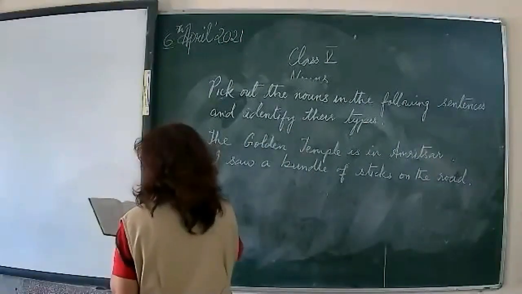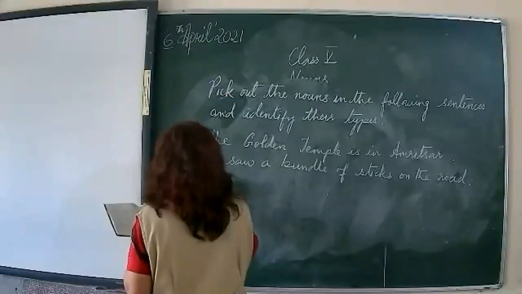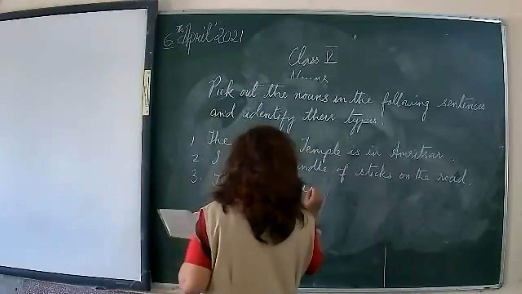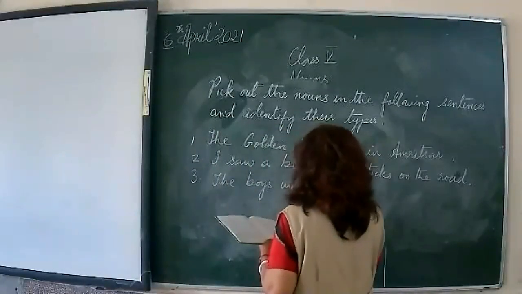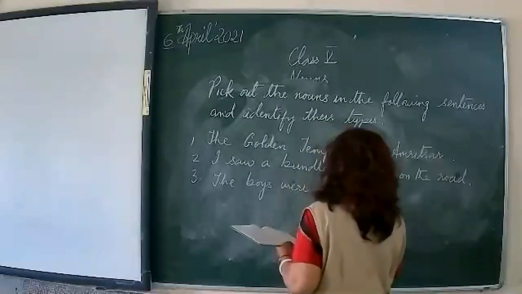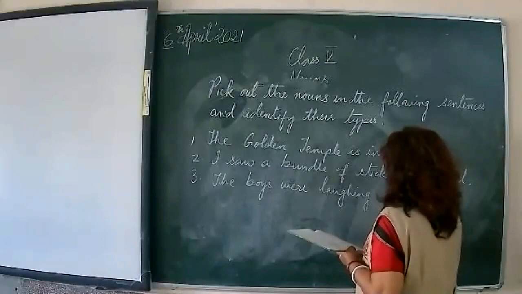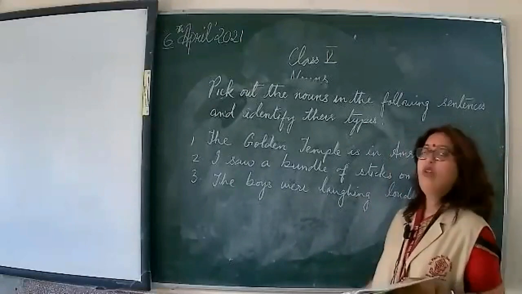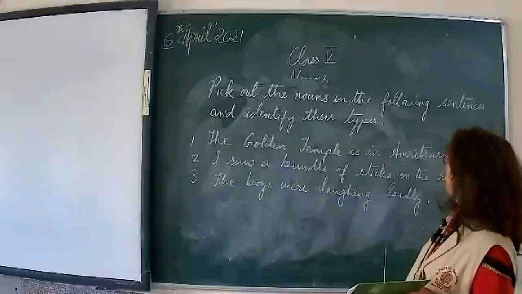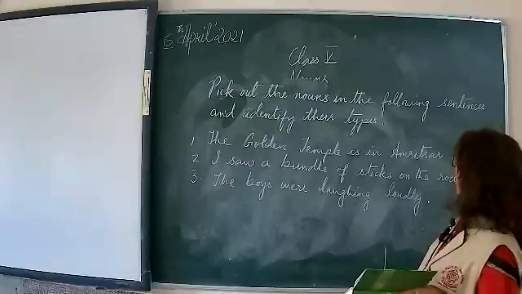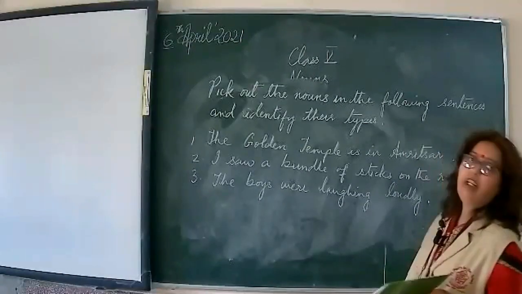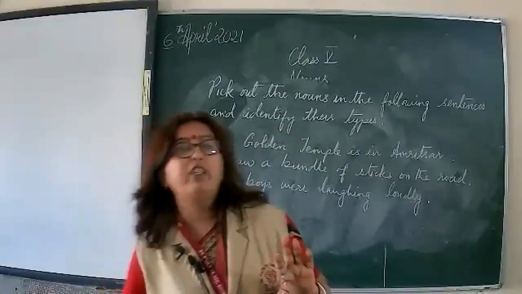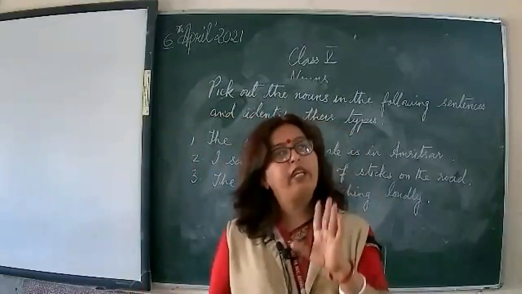And the third sentence is, the boys were laughing loudly. Okay. So these are the three sentences. The Golden Temple is in Amritsar. I saw a bundle of sticks on the road. The boys were laughing loudly. You are getting these three sentences, identify the nouns, and then also write which type of noun each one is.